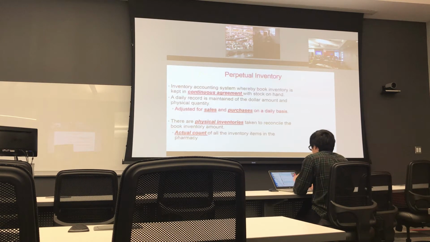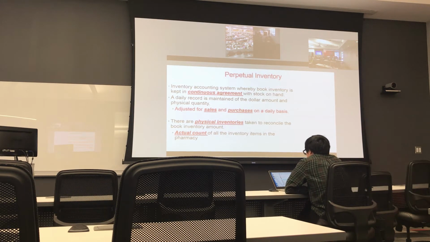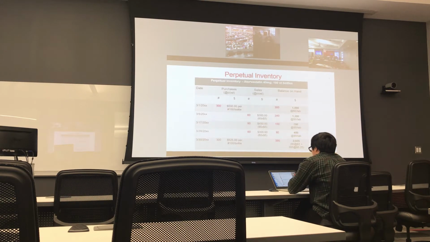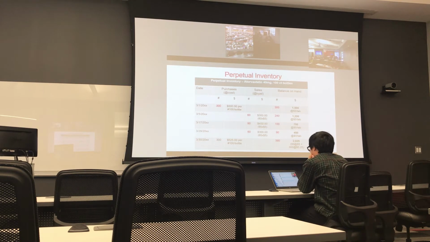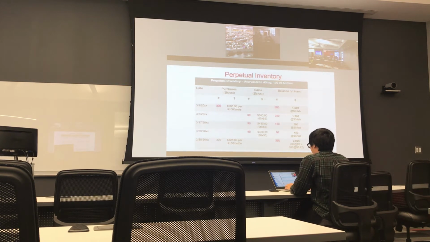Perpetual inventory is just they count it. The physical inventory is count to reconcile it, but someone in the background is writing down what you buy and what you sell, and they keep an individual record of it. It's not very hard with a computer, but you see here is just one ledger card for, say, atorvastatin 40 milligrams, 100 count bottles, and it just starts out on one day, you buy 300, and then they say purchases, costs, balance on hand.